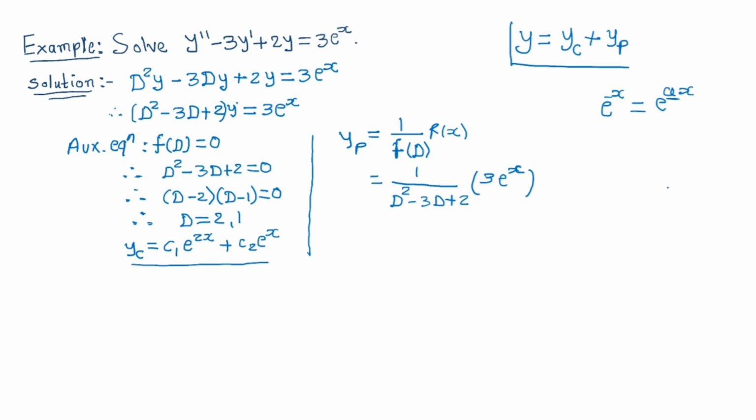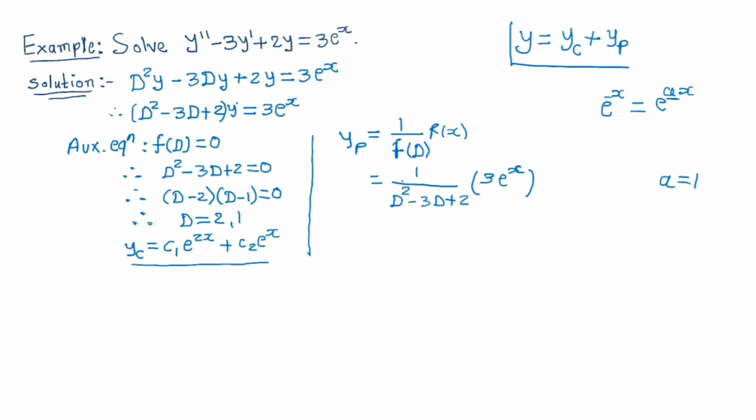As per our shortcut method 1, we just replace d with a. But if I replace d with 1, the denominator will become 0, because 1 is one of the roots of this f of d.